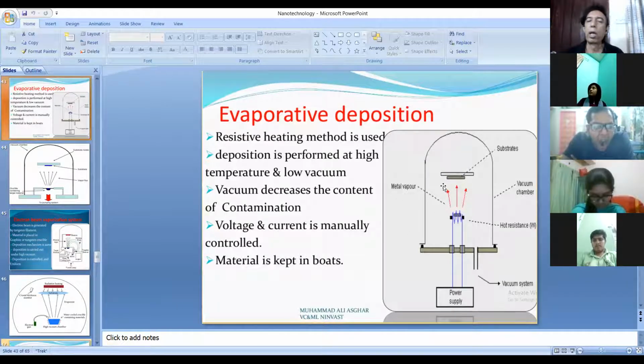You will get a good quality, not a very good quality, but a good quality thin film with less expense.